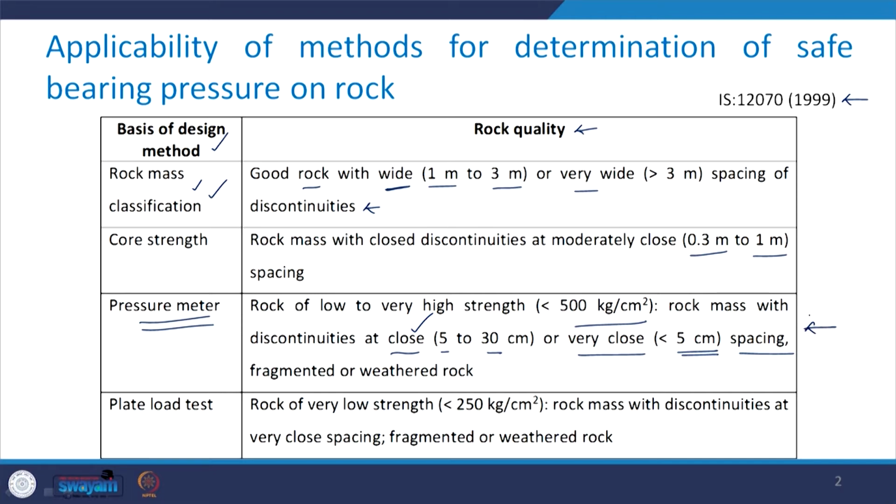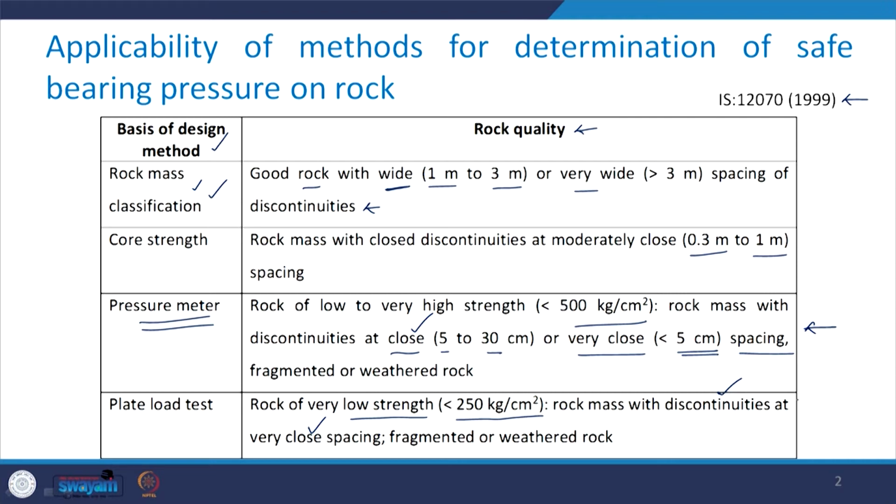The next category involves rocks of very low strength, less than 250 kg per square centimeter, and this also includes rock mass with discontinuities at very close spacing. It can be fragmented or weathered rock.